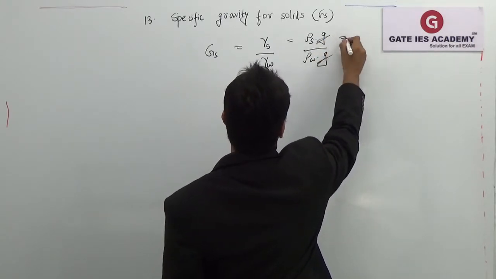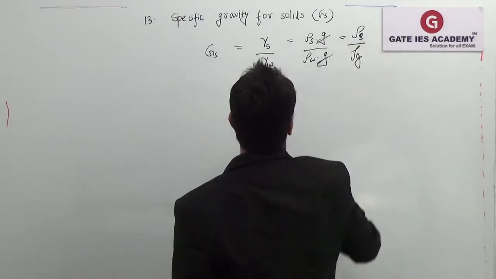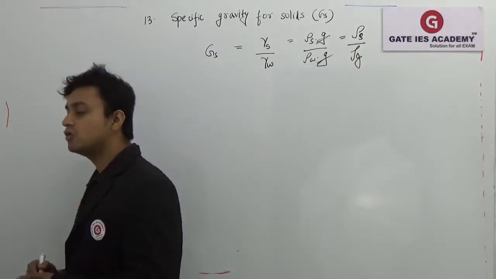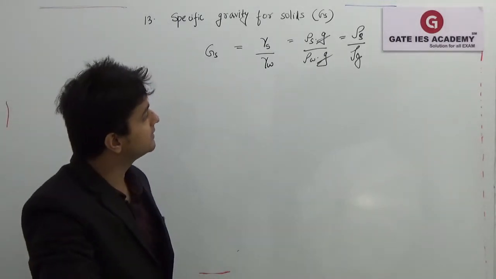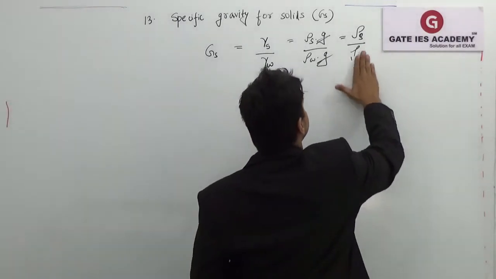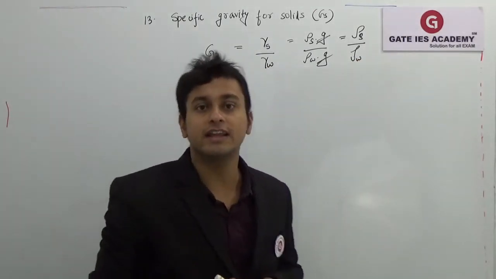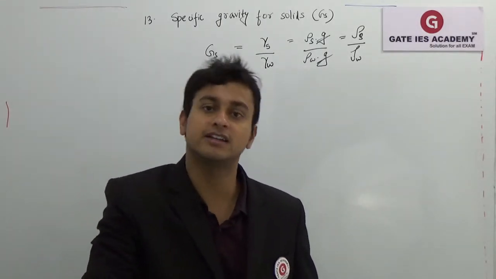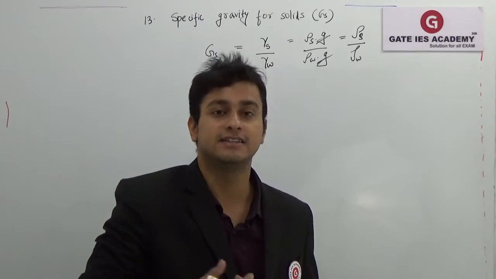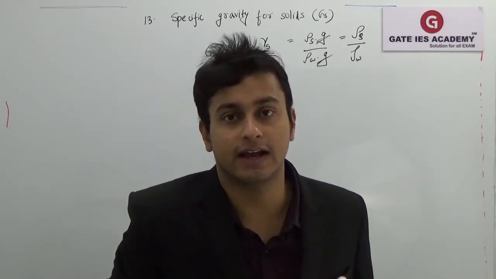So it is also equal to rho S by rho W. So it is also the ratio of their densities. I told you how denser a material is corresponding to a reference material is nothing but called your specific gravity.